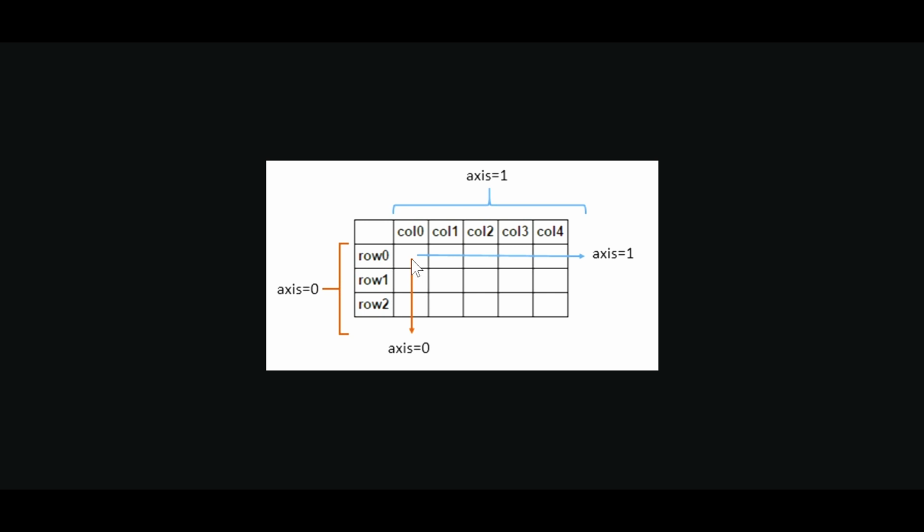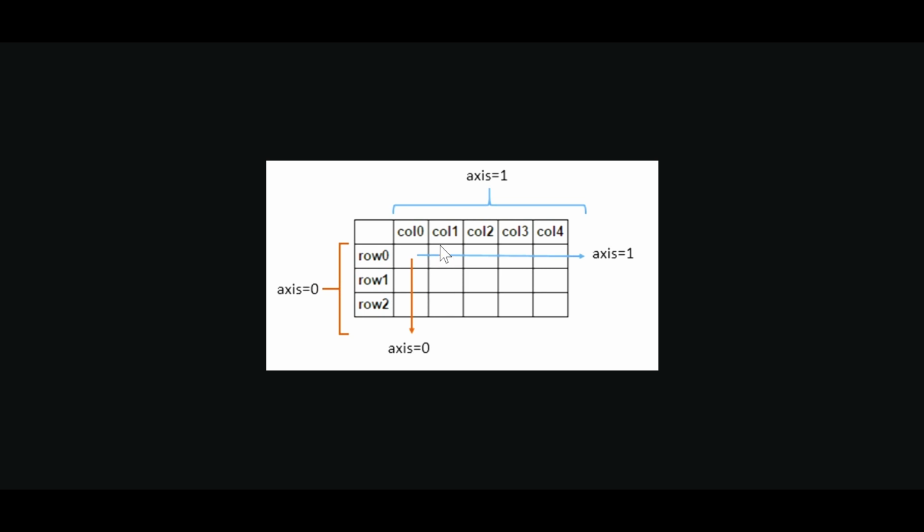In the first column along axis 0, your maximum element is this one, the second one, this one, and so on. And the same for axis 1 along the rows. The maximum element might be here, here, here.